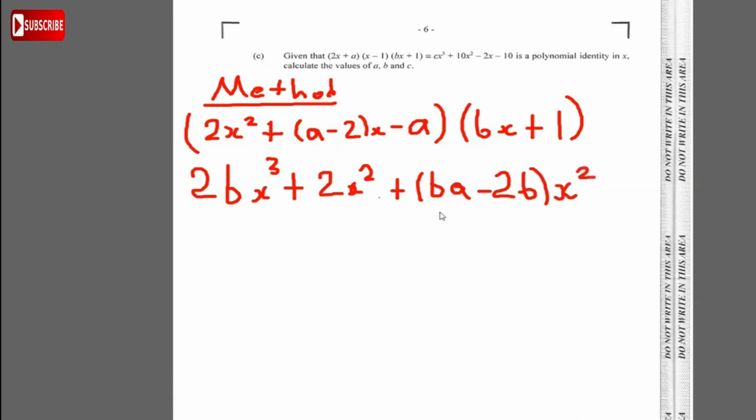Then we have 1 times this, which is just going to be plus (a - 2) times x.